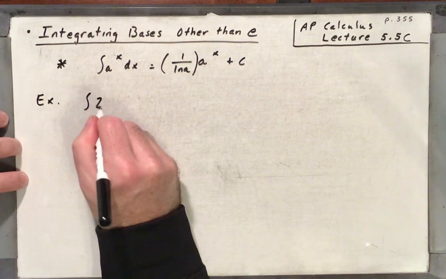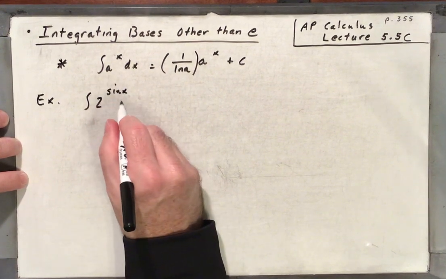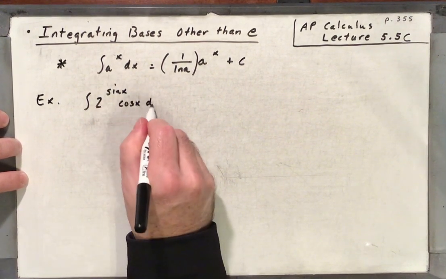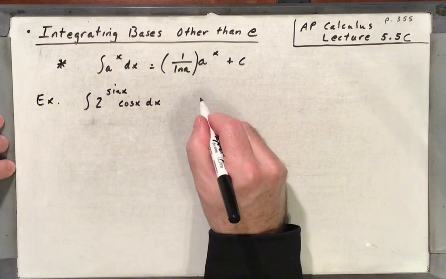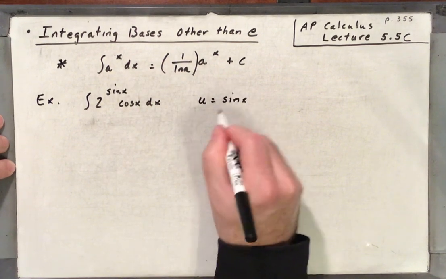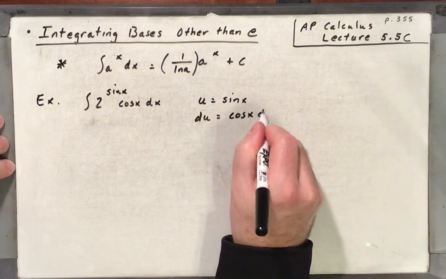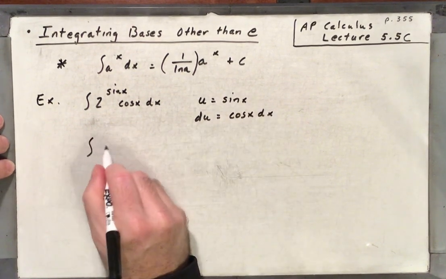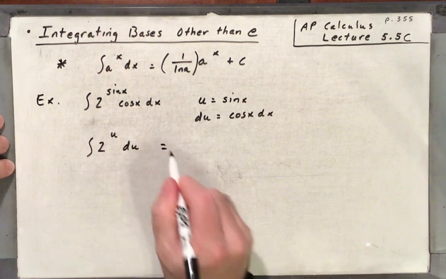We have 2 to the sine x times cosine x dx. This is a nice u substitution because if we let u be sine x, then du is sitting right out in the problem. It's cosine x dx. So we could rewrite this as 2 to the u du.